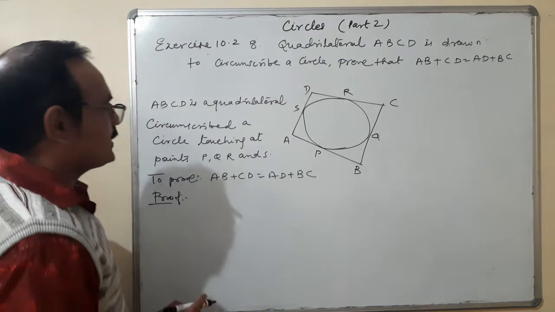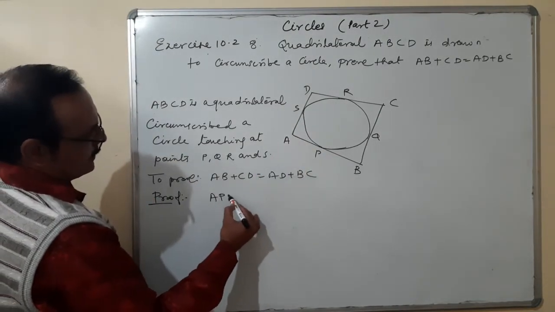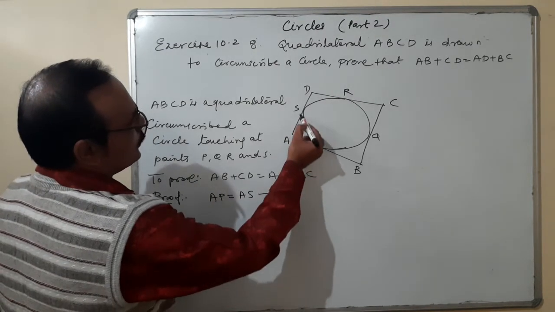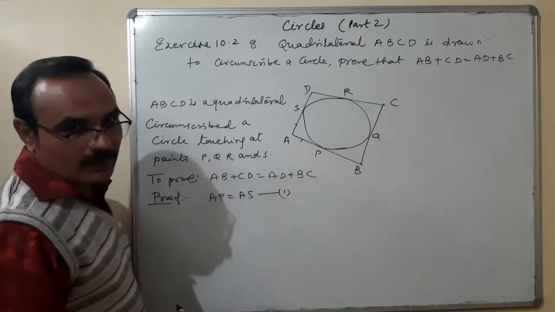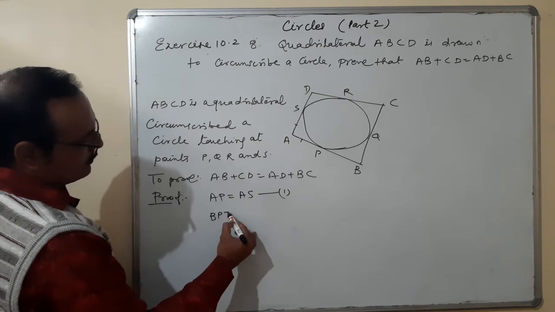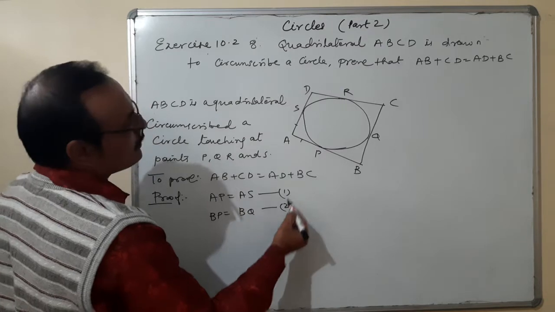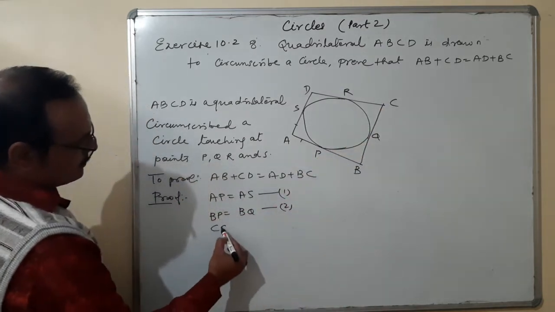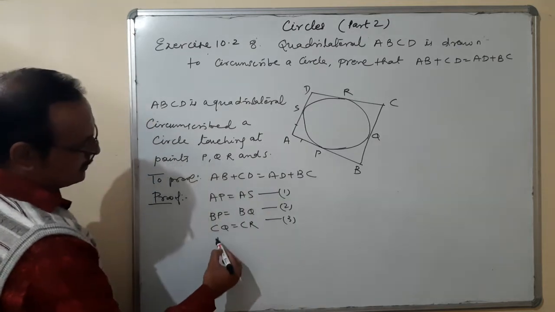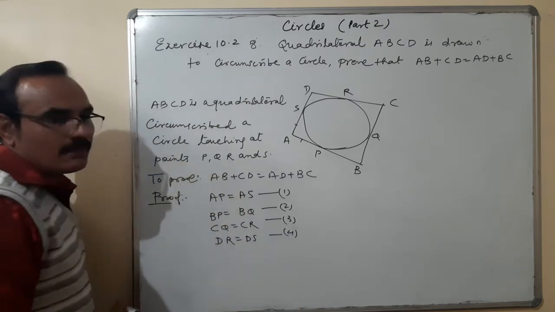So here AP is equal to AS. Equation number 1: AP is equal to AS. Reason: lengths of tangents. Same as BP is equal to BQ, number 2. Third is CQ is equal to CR. And the fourth one is DR is equal to DS.